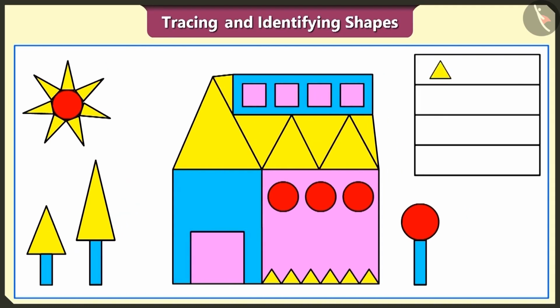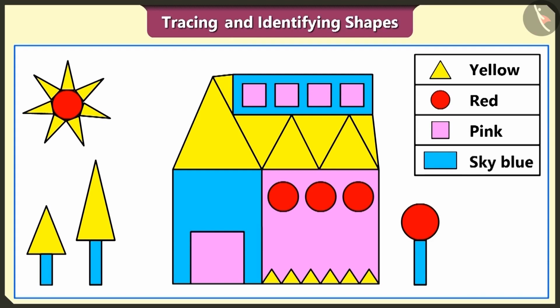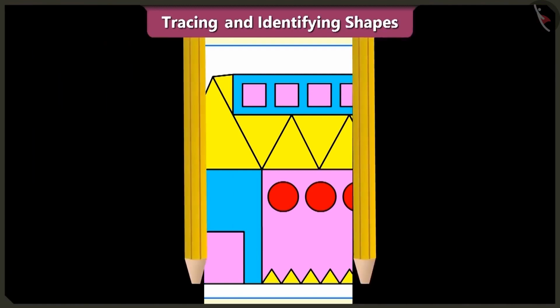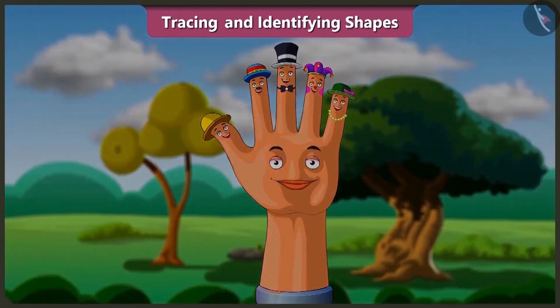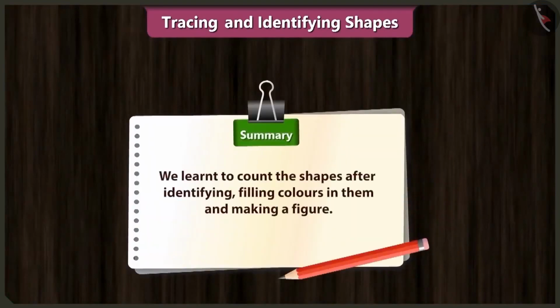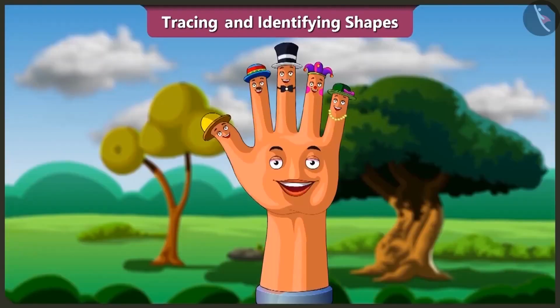We have filled the triangles with yellow, the circles with red color, the squares with pink, and the rectangles with sky blue color. Friends, we learned to count the shapes after identifying, filling colors in them and making a figure. In the next video, we will learn how to make figures using shapes in an interesting way.